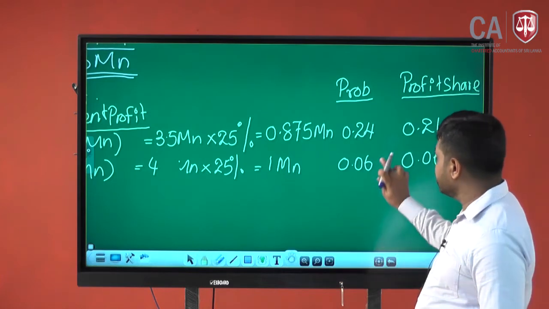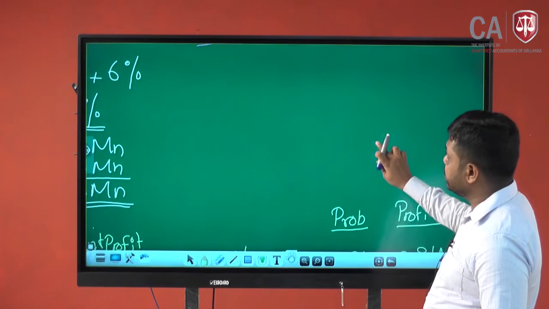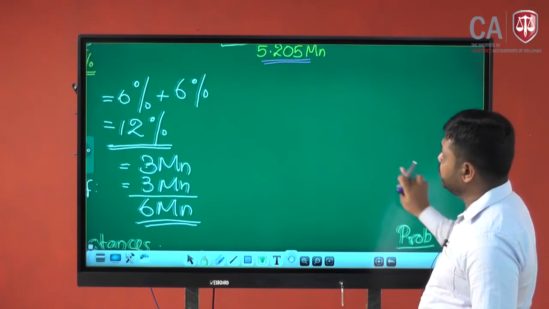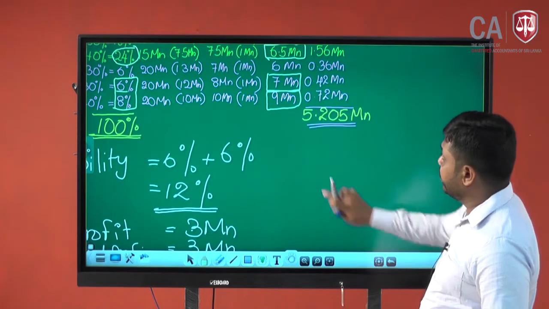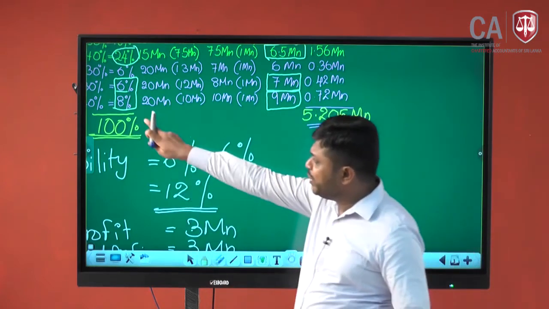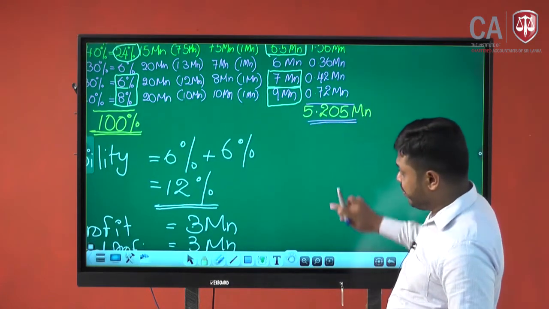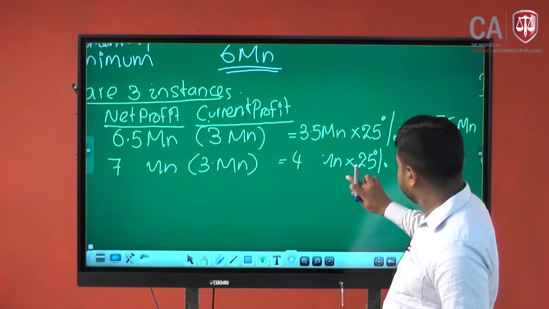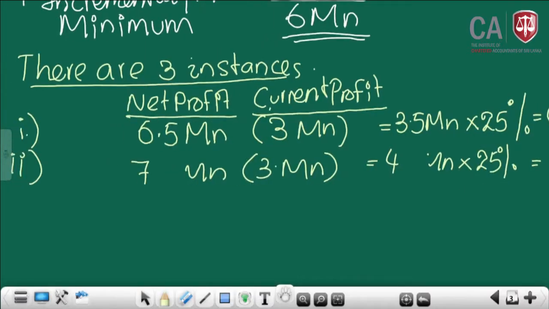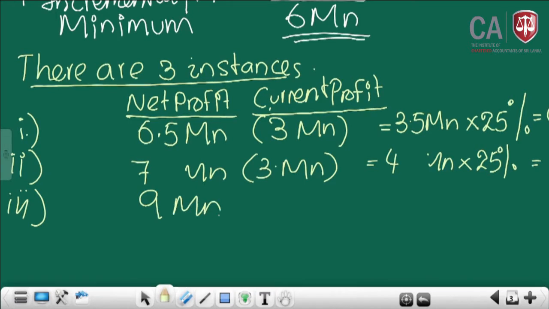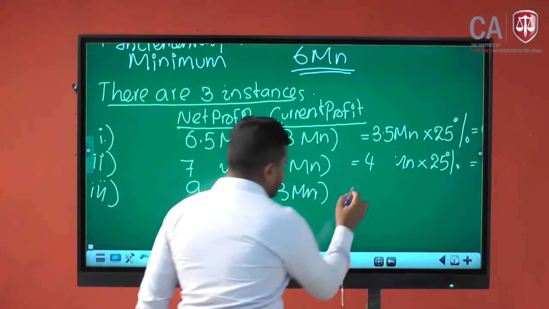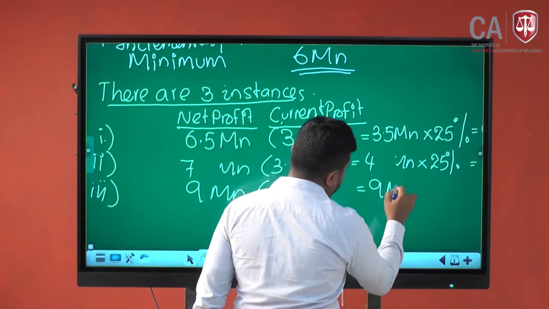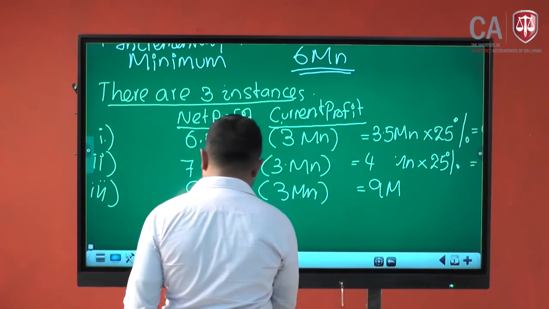Then the last instance, in which you gain 9 million. Probability is 8%. This is the final one, the third scenario. You will earn 9 million. 3 million is the current profit. Then incremental profit is 9 million. Sorry, not 9, it should be 6 million.